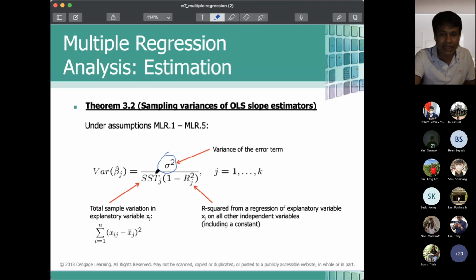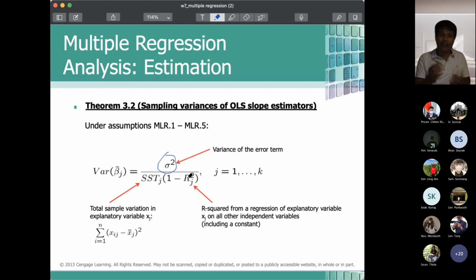That variance of the estimate equals the variance of the error term divided by SST, and that SST is the total sample variation. If you remember, in simple linear regression, the variance of the estimate is sigma squared divided by SST only. But for multiple linear regression, we have another denominator, multiplied by 1 minus R squared.